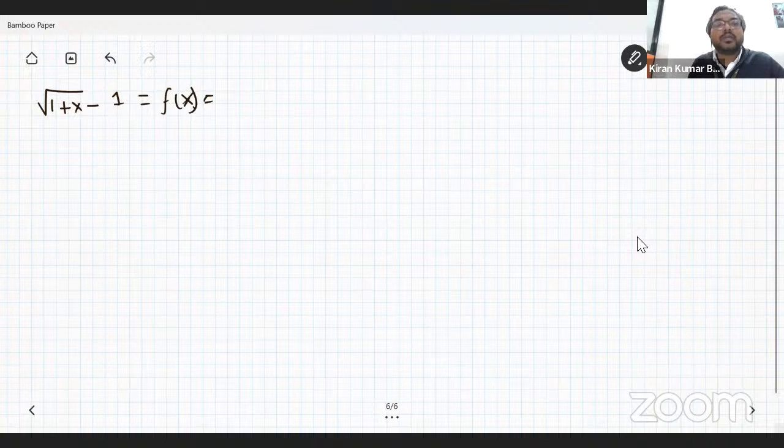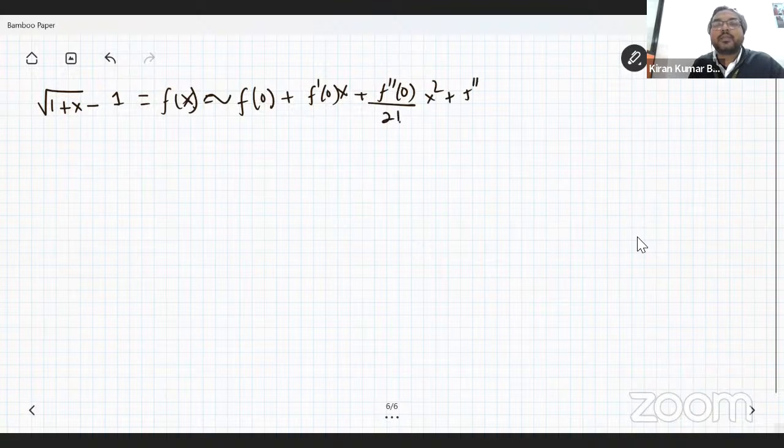So the Taylor series expansion is f of 0 plus f dash of 0 x plus f double dash of 0 by 2 factorial x square plus f triple dash 0 by 3 factorial x cube, right? I'm talking about the Taylor series around the origin.